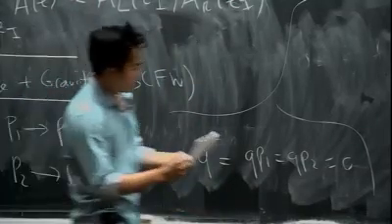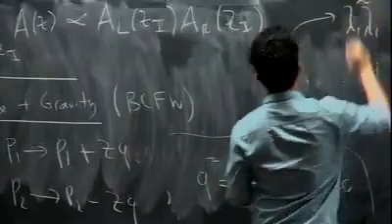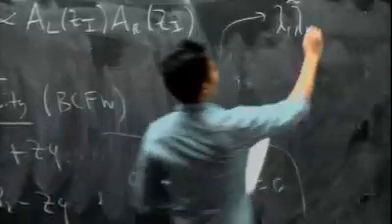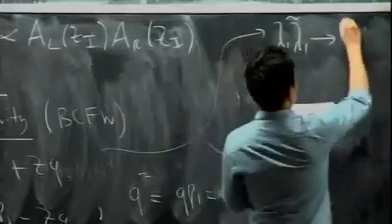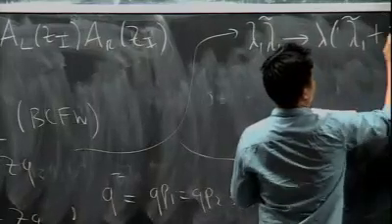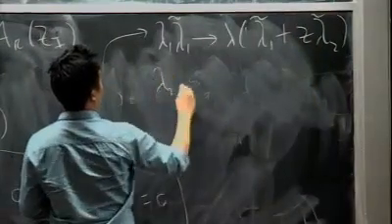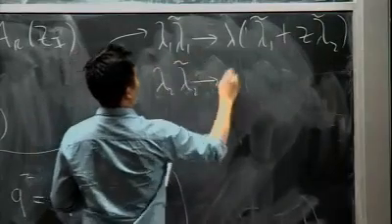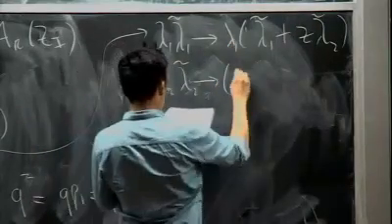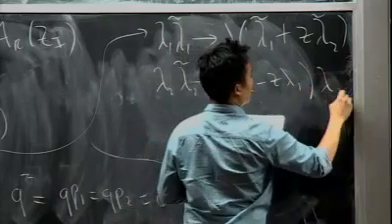which is that you want to take lambda 1 tilde, which is just p1, and shift it in the following way, where lambda 1 tilde gets shifted by z times lambda 2 tilde, and lambda 2 gets shifted by lambda 2 minus z lambda 1.